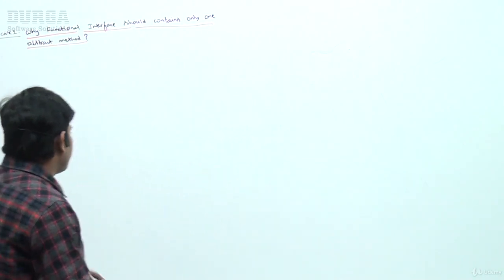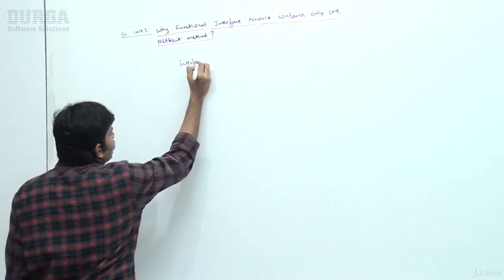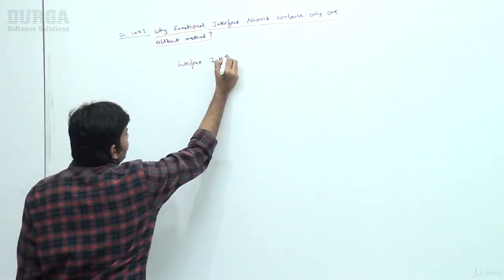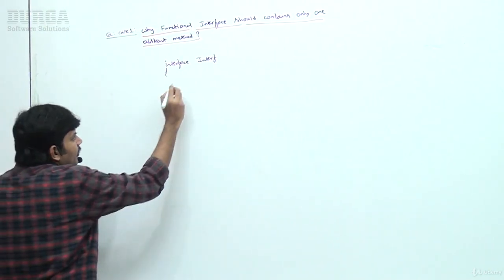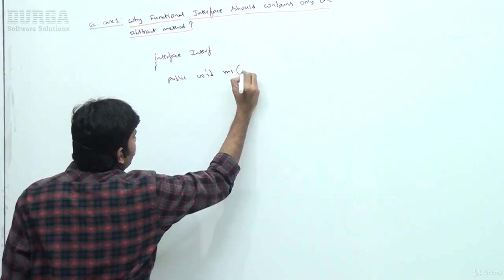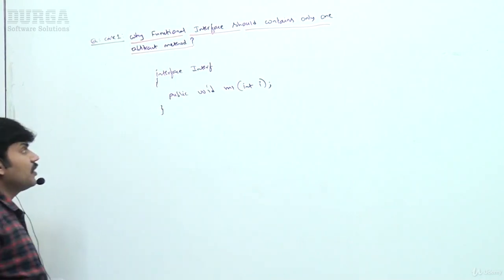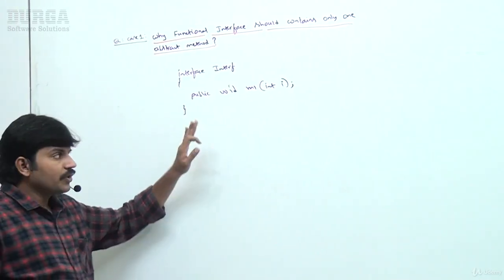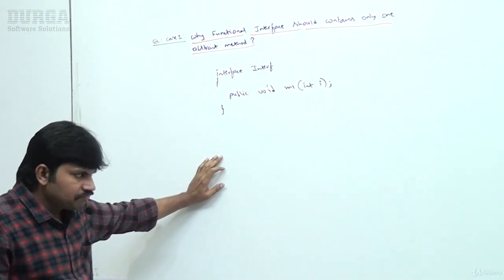Now take a bit of special care. I have one interface, interface Interf. Now, public void m1 of int I. Can you please tell, is it a functional interface or not? Yes, obviously.